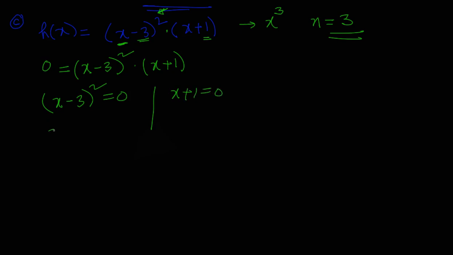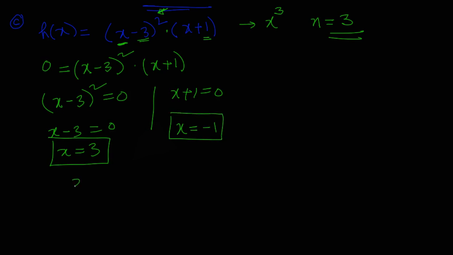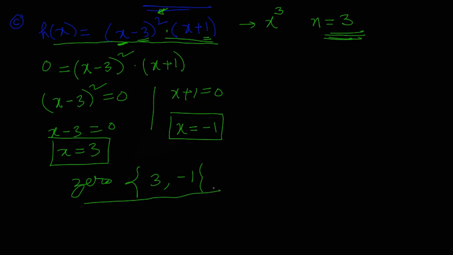So I can write x − 3 = 0, so x = 3, and here I got x = −1. So how many real zeros did I get? I got 2 real zeros, and they are 3 and −1. So as you can see, although my polynomial is a third degree polynomial, it does not mean that I am going to get the maximum number of real zeros. I might get fewer, and in this case I got fewer, only 2 real zeros.